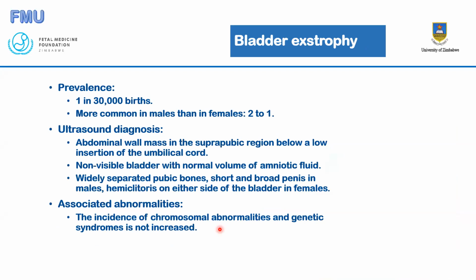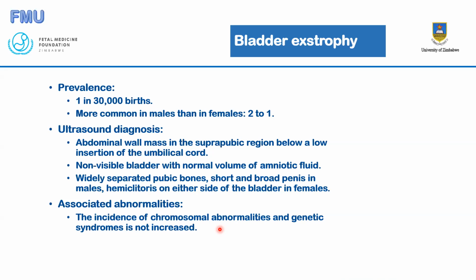I do not have an image to show you, but for this condition, you are going to fail to see the bladder. Prevalence is 1 in 30,000 and more common in males than in females, with a ratio of 2:1.